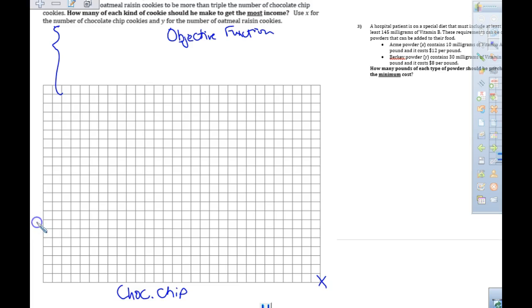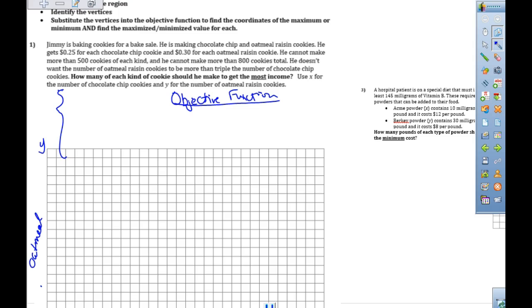The first thing we want to see is the money equation, so that's going to be our P. We're going to start with our objective function. Our profit for each cookie: the chocolate chip we're selling for 0.25, so 0.25x plus 0.3y. Okay? So we have taken care of that first part dealing with the money. That was our objective function, okay?